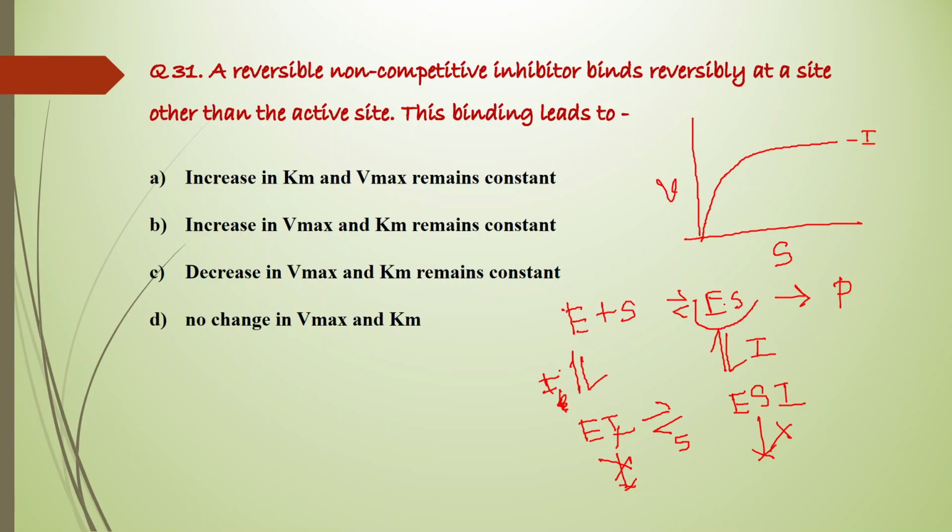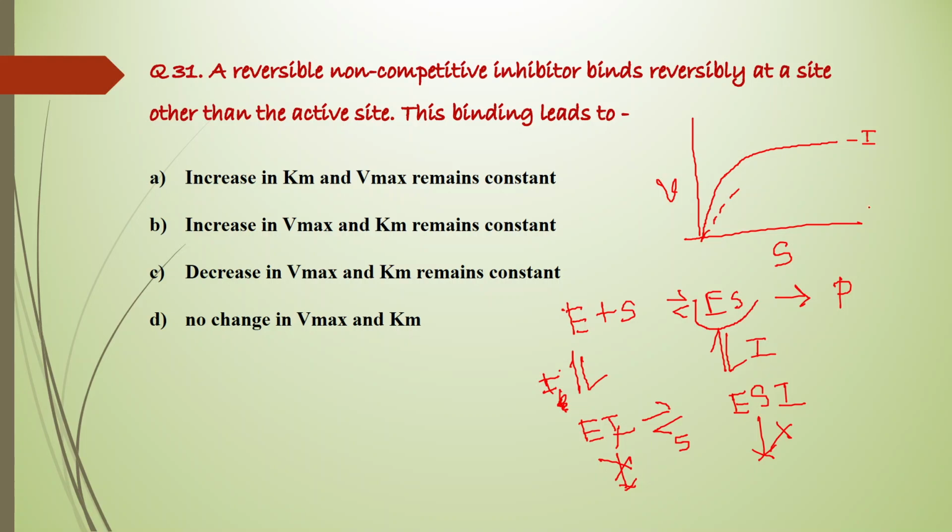Again, some enzyme substrate complexes are also forming ESI. So the effective formation of the product is being hampered. All of the enzymes are unable to interact with the substrate and give product. So the initial velocity should be less.